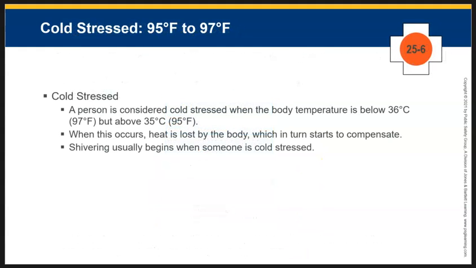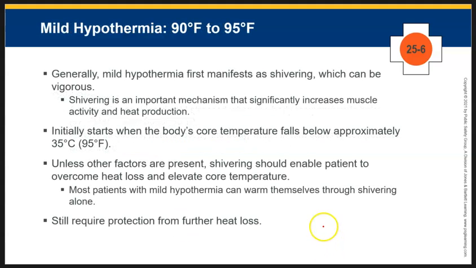In those first stages, when a person is cold stressed, heat is being lost by the body and metabolism is not keeping up. The output of heat is exceeding the input or the generation of heat. So we start to compensate, and one way that we compensate is by shivering. Mild hypothermia is where we categorize that core temperature below 95 Fahrenheit or 35 Celsius.